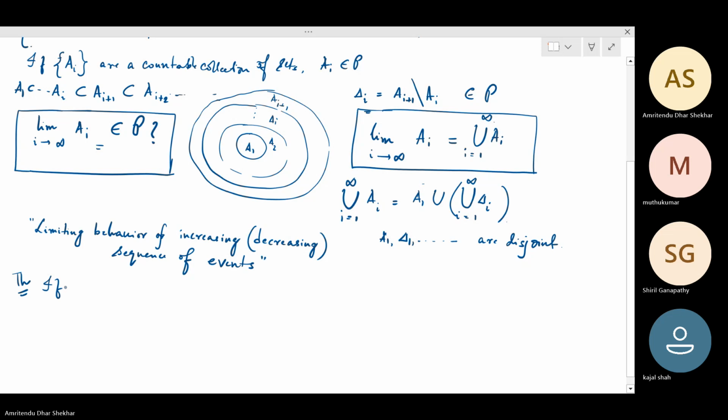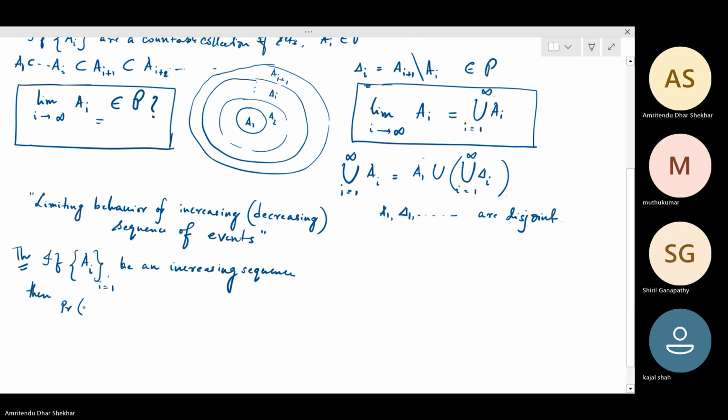If these A_i are an increasing sequence, then the probability of the limit as i tends to infinity of A_i, and there is a shorthand notation for this, which is often written in this way, is equal to the limit of the probability of A_i.